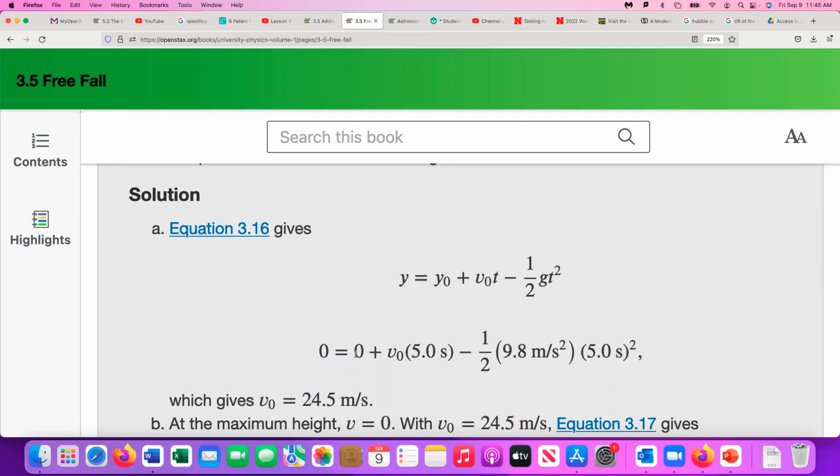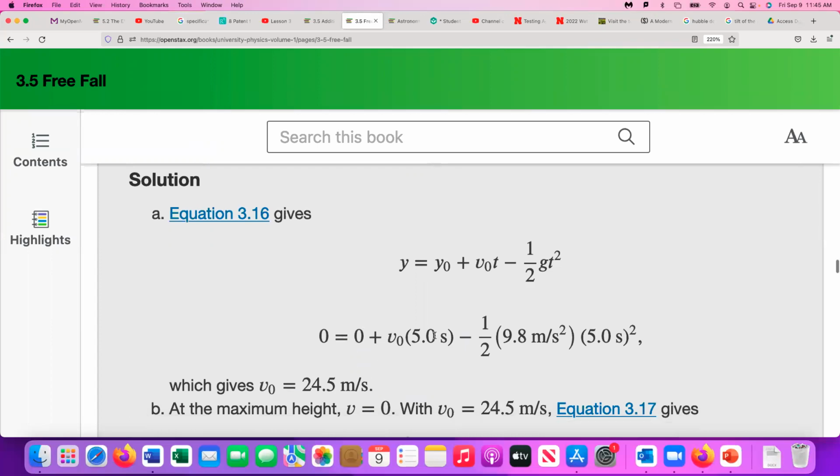And when an object that is in free fall, in the gravitational field, reaches the top of its motion and it's about to turn around and come back down, its velocity in the y direction is 0 when it's stopped. That turning point from going up to going down is always a velocity of 0. So their final velocity is known here.